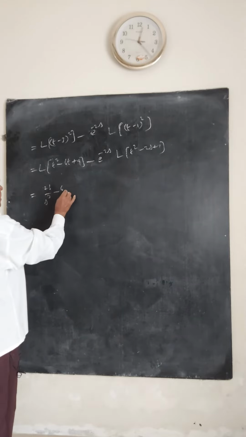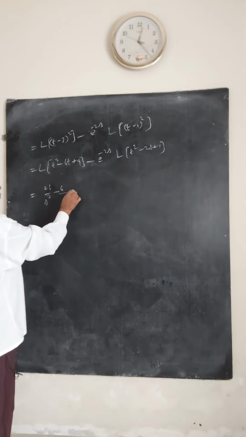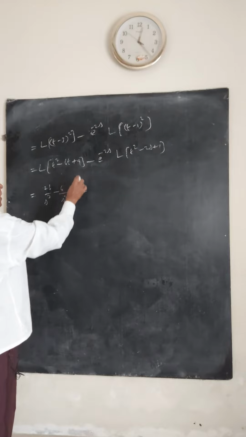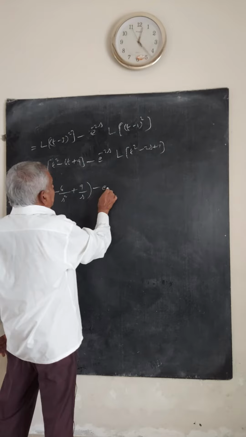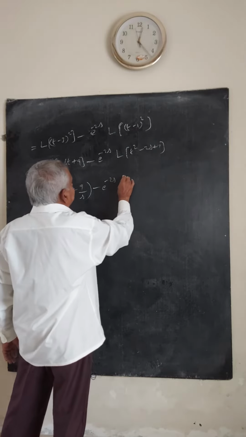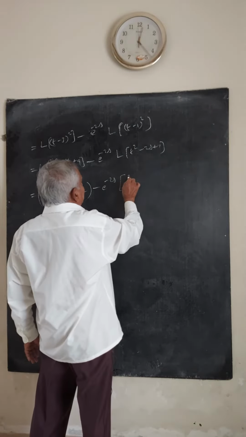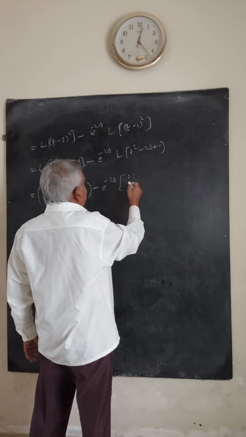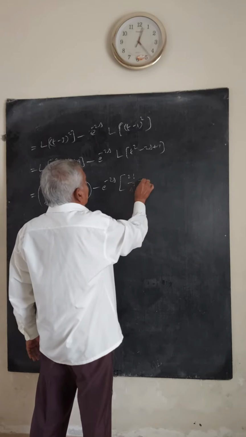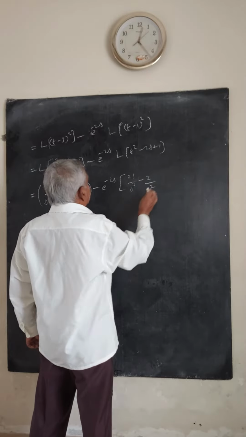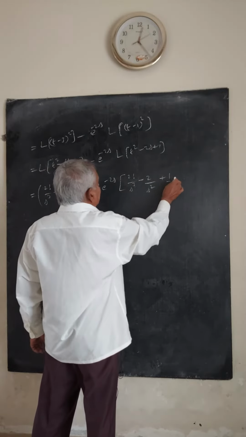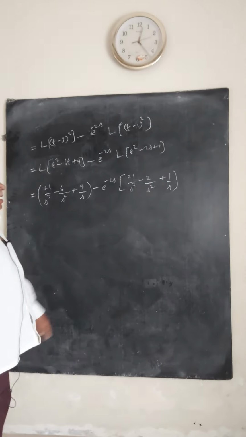L of t means 1 factorial divided by s square. L of 9, L of 1 is 1 by s, minus e power minus 2s, L of t squared is 2 factorial divided by s cubed, minus 2, t means 1 factorial divided by s square, plus 1 by s is the answer.